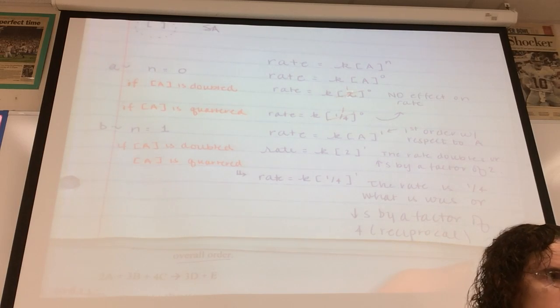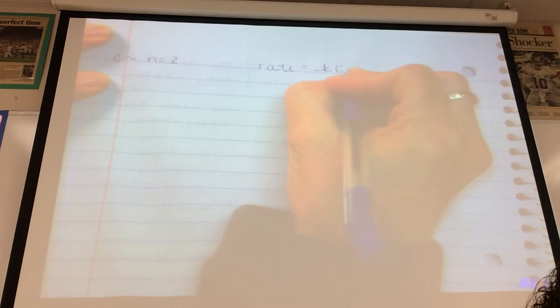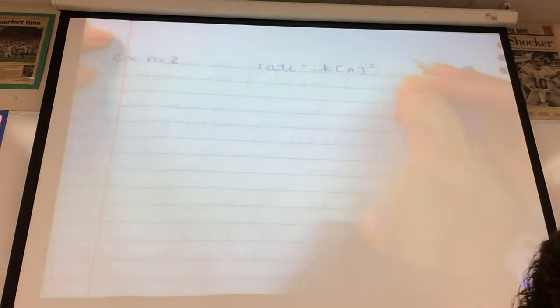And let's take a look at second order now. And again, this is in your notes. I'm just trying to write it out in a systematic format so you can see it mathematically. Let's say n is 2. So now we have rate is equal to K, A to the second power.